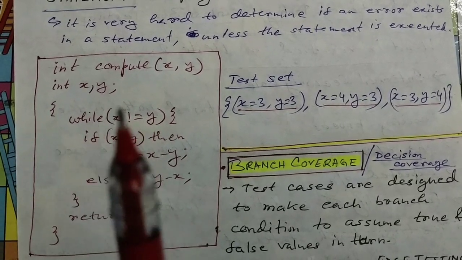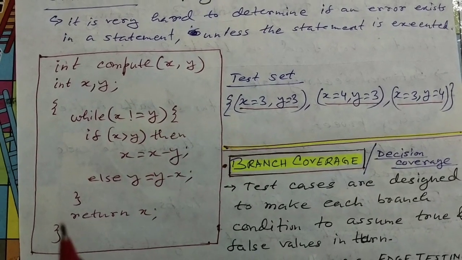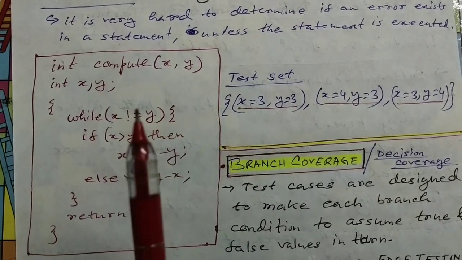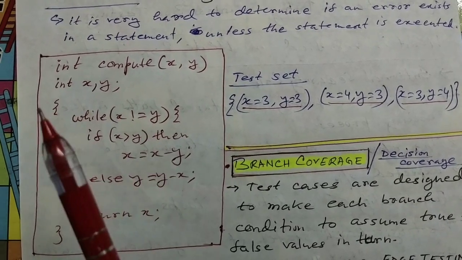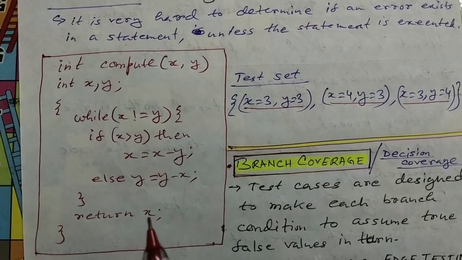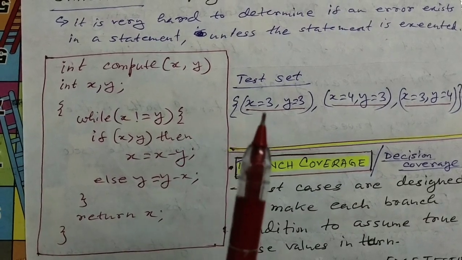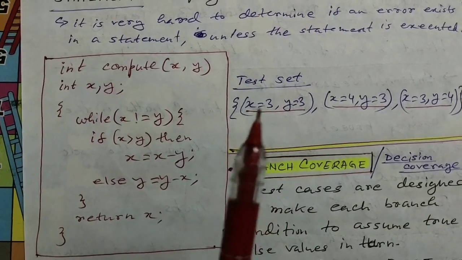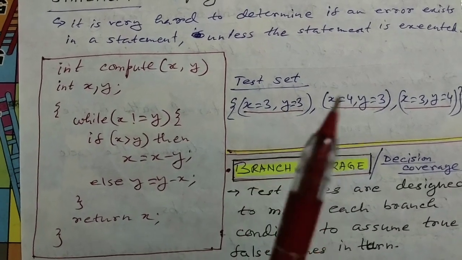That means it can be true or it can be false. So if it is false, that means x equals y, then this return x statement will be executed directly, right? So for that we'll check a test case where x and y both have the same values, like x equals 3, y equals 3.